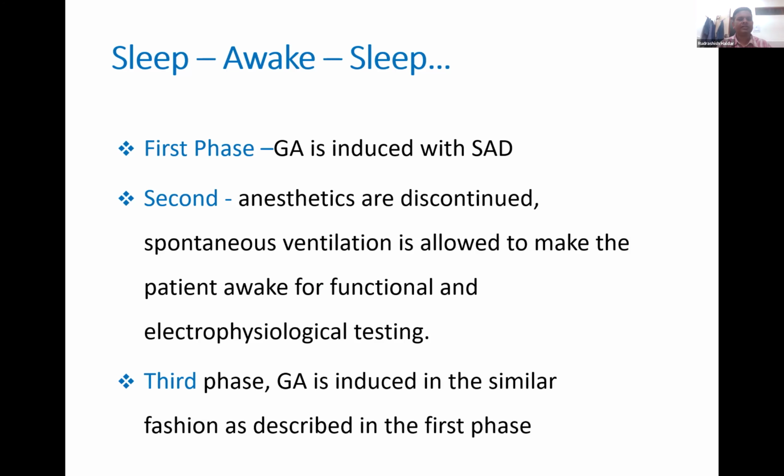In the second phase, anesthetics are discontinued. The patient is allowed to take spontaneous breathing, and once the patient awakens, functional and electrophysiological testing is done. Once this testing and mapping is done, the GA is induced again, similar to the first phase, and the rest of the procedure is continued.